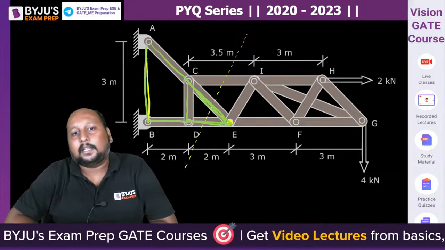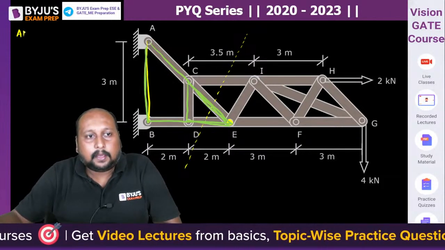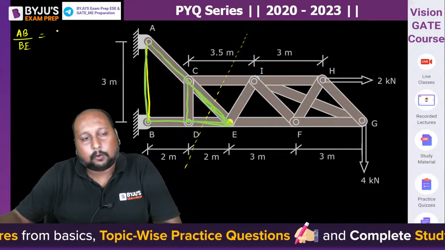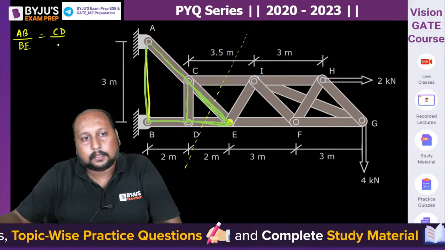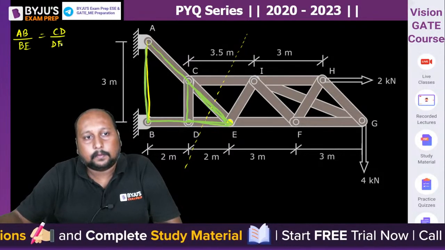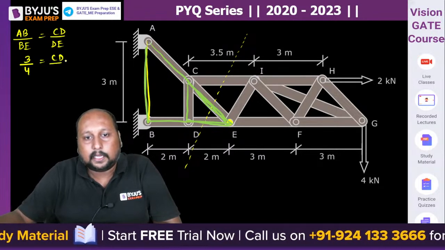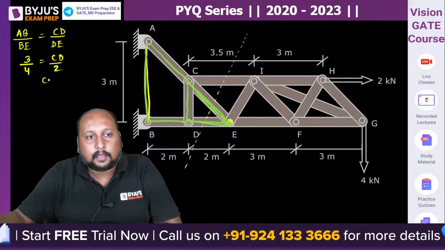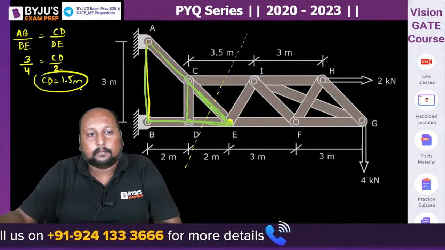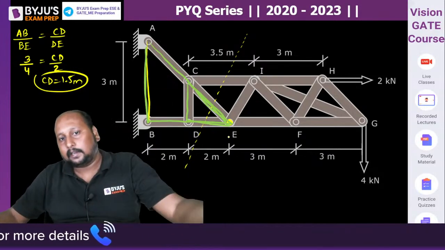Can we say AB by BE is equal to CD by DE? AB is equal to 3, BE is equal to 4, CD we need to calculate, DE is equal to 2. So from here CD is equal to 1.5. We got this height. Now you can take the method of section and eliminate the left hand side.